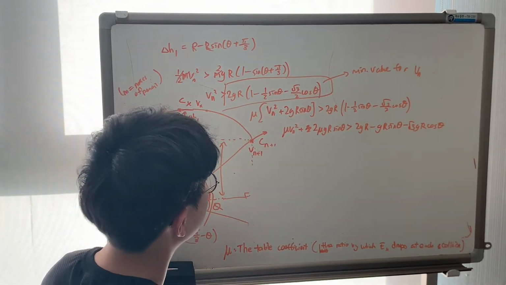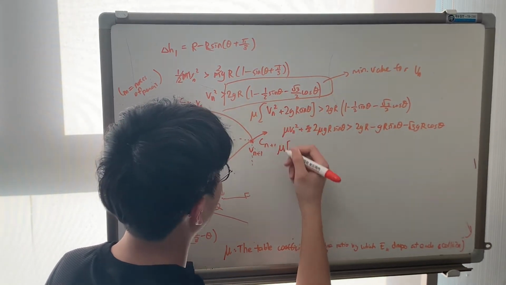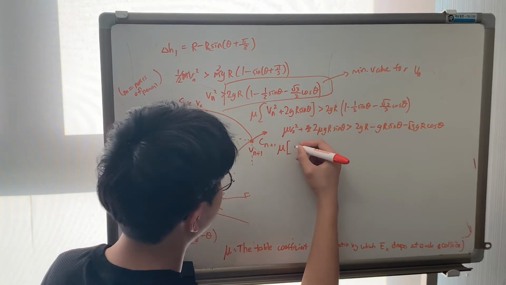So we're going to get something like mu bracket of all of that. I'm going to expand this here.